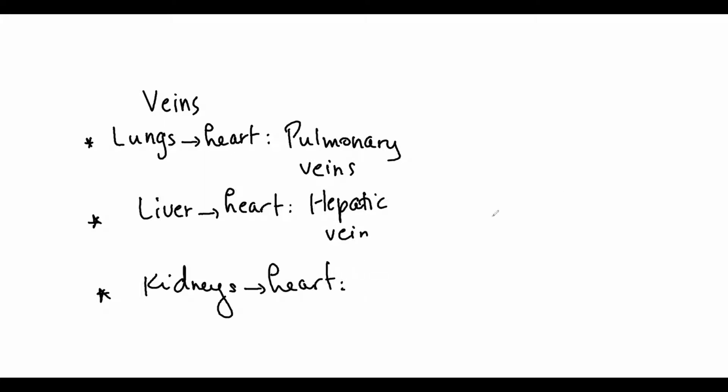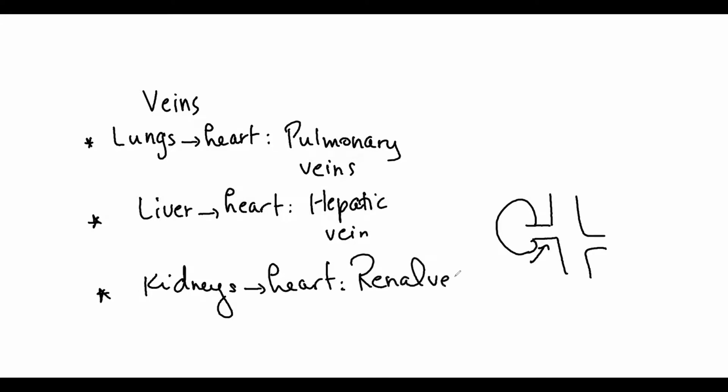At the beginning, this vein pours in the inferior vena cava. Here I have the inferior vena cava, and here is this vein that's coming out of the kidney. This is called the renal vein, and it drains inside the inferior vena cava. And then the inferior vena cava will collect the rest of the blood from the body and deliver it to the right side of the heart, or the right atrium.